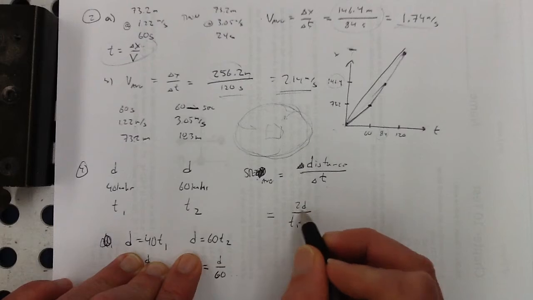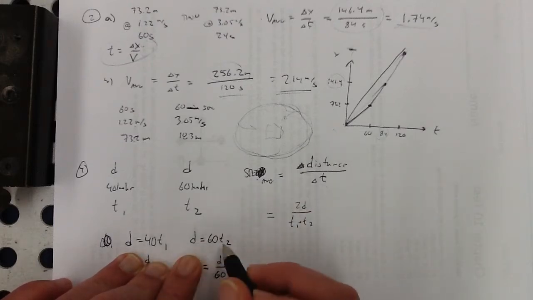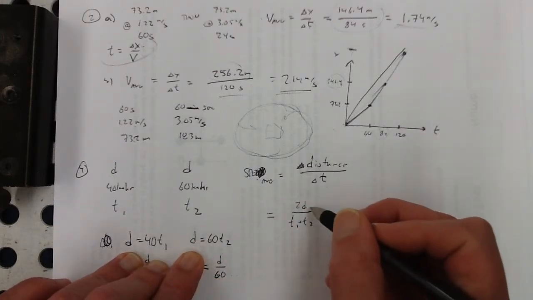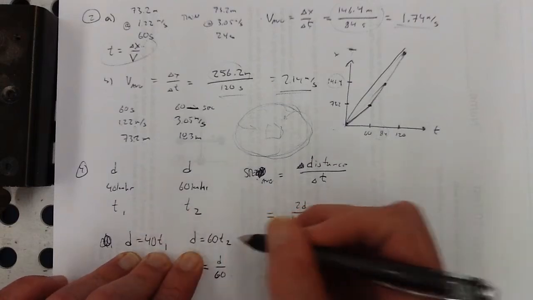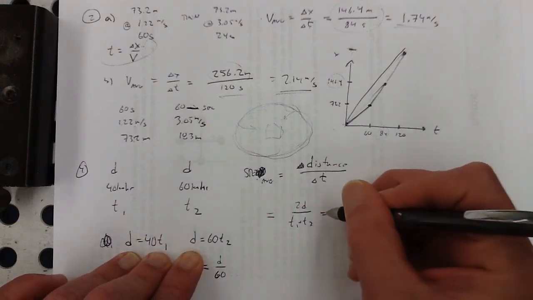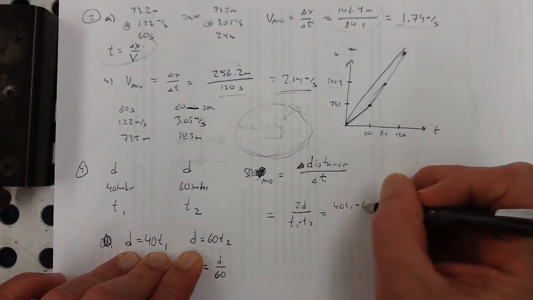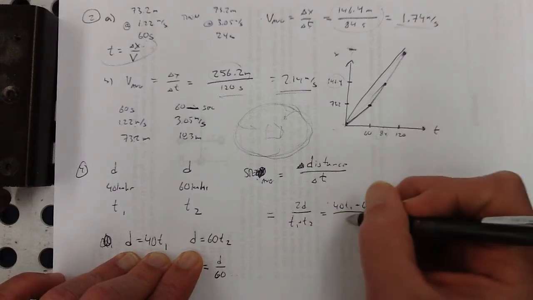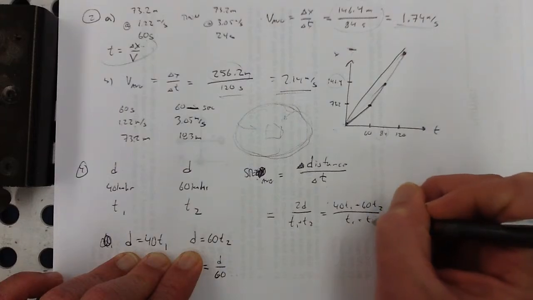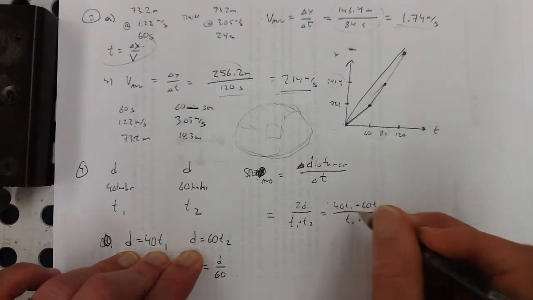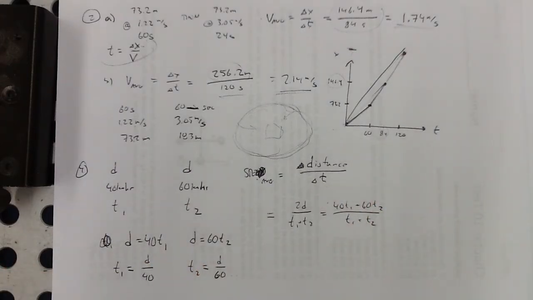Well, I've got the total distance here. I've got those d's here, but like this d and this d, I could say that this is 40 t1 plus 60 t2, but there's not really any algebra I can quite do here to resolve that. So that isn't going to really work.